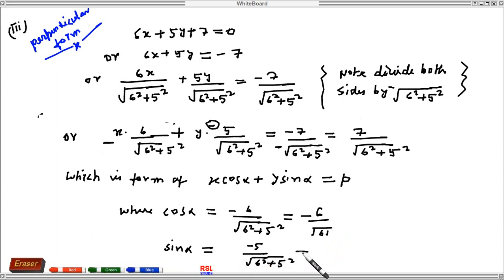Similarly sin alpha would be minus 5 by under root 61, and p will be 7 by under root 61. So this is the finally converted form into the perpendicular form. This equation is converted into perpendicular form like this.